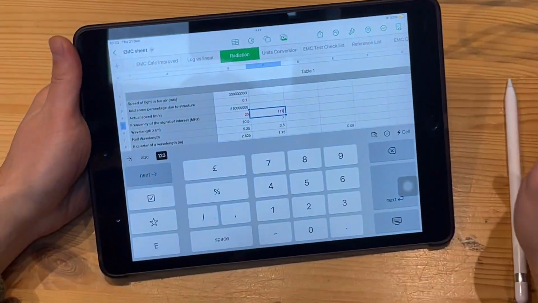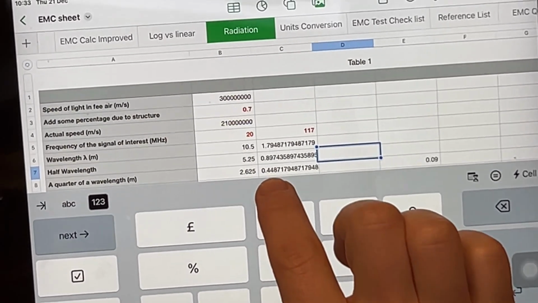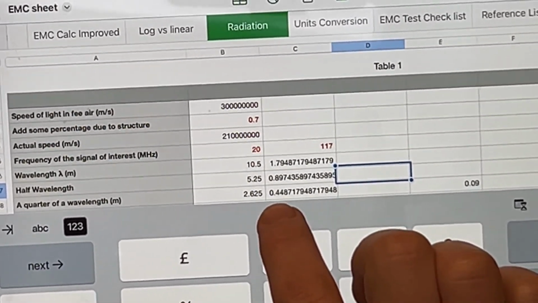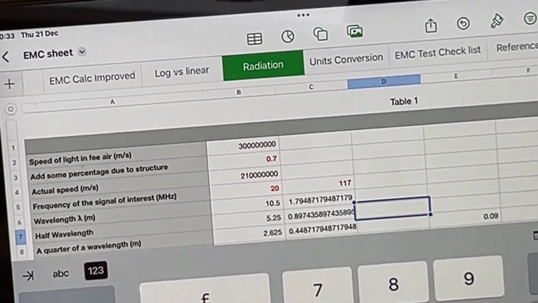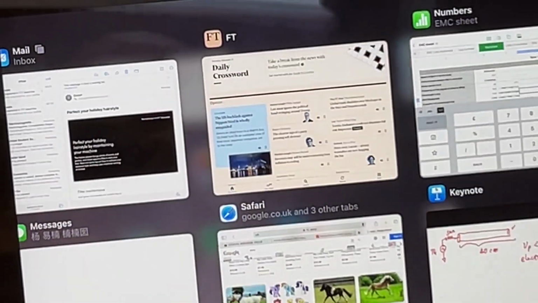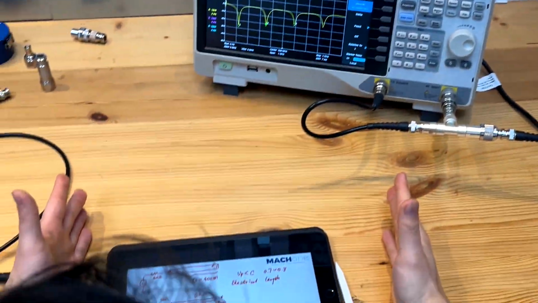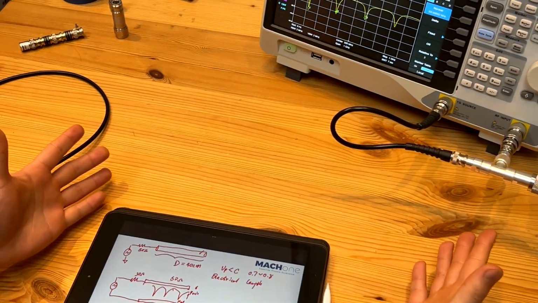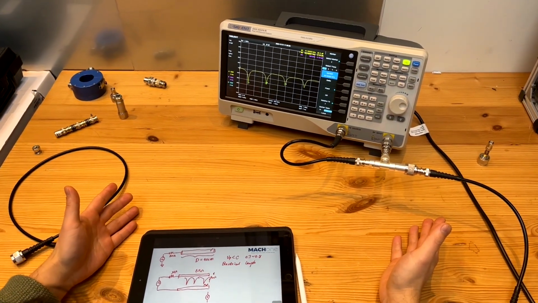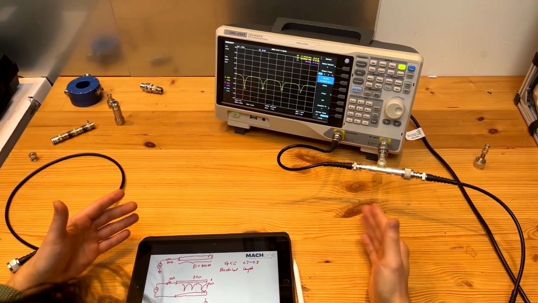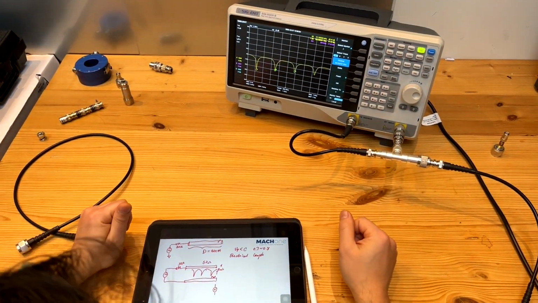We know the velocity of propagation, and let's check if the math matches with what we measured here. 117 megahertz gives us a quarter wavelength of 0.45 meters, about 45 centimeters. Not far off from what we measured here. So that makes sense. We proved that this 40 centimeter long coaxial cable has a fundamental resonance frequency at 117.3 megahertz.